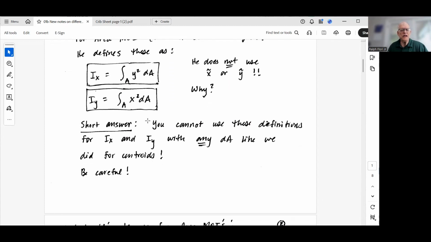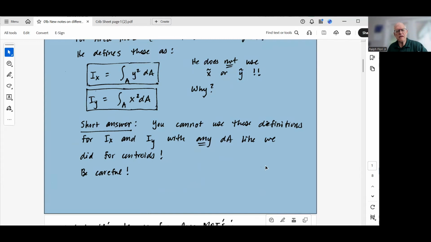The short answer is these formulas don't apply for every dA. For the cases where they do apply, the y tilde is y, or the x tilde is x. And so he doesn't use the tildes on purpose, to not confuse you about something that's inherently confusing.